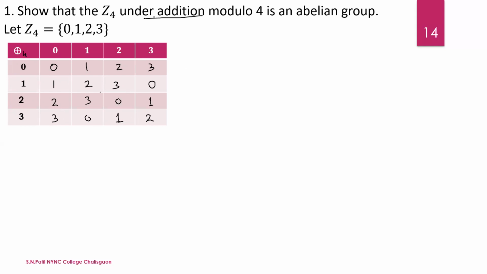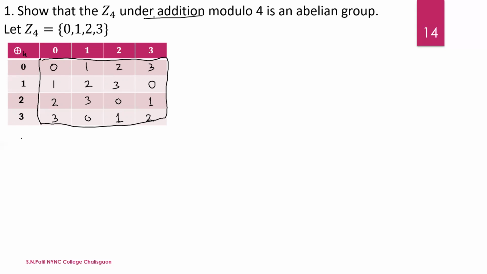Okay, now from this composition table, we see all the entries inside the table are the elements of Z4, which is closed under the addition.